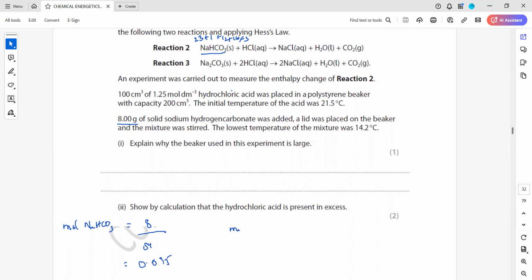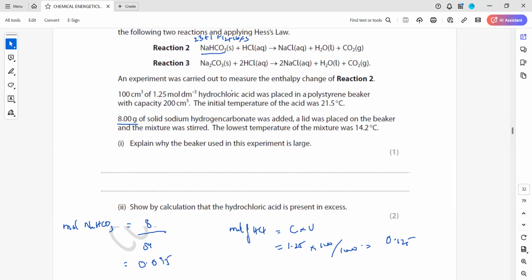To get the moles of HCl, moles is concentration times volume. The concentration of hydrochloric acid is 1.25 and the volume is 100 cm³. We have to convert into dm³. So we get 0.125.